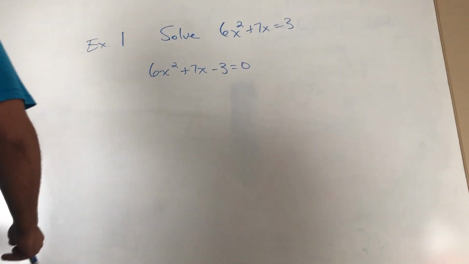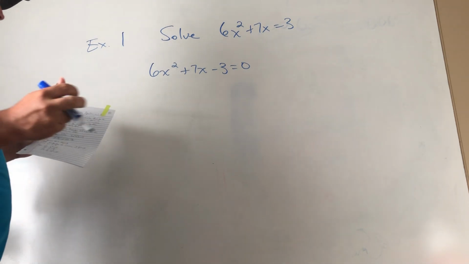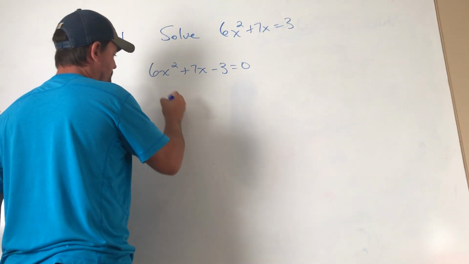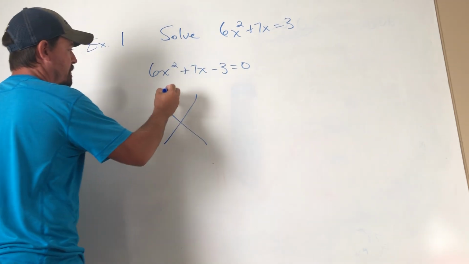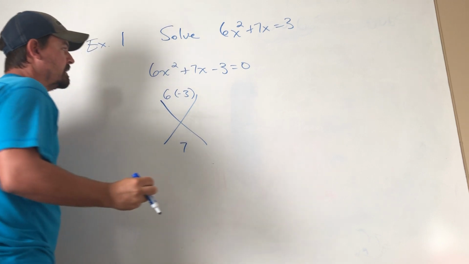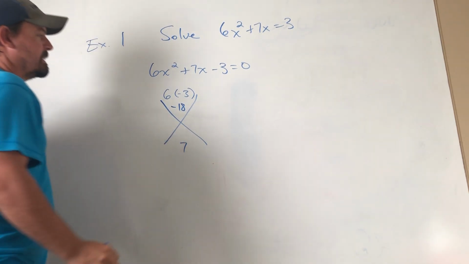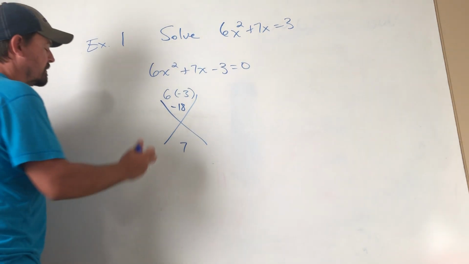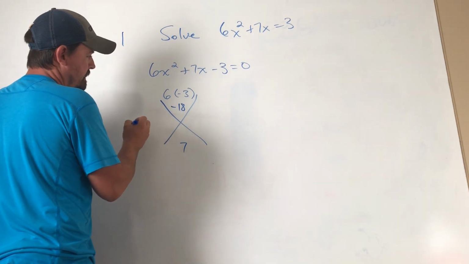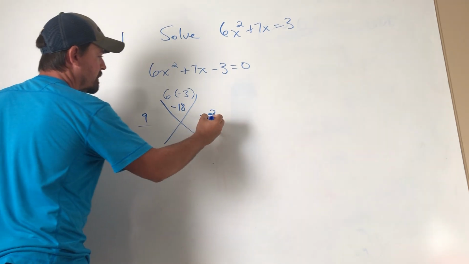Now, when I'm doing that, let's use the x method. We used the x method a good bit in class, where we did 6 times negative 3, and we did a 7 here. 6 times negative 3 is negative 18, so I need something that multiplies to negative 18 and adds to 7. Looks like, how about a 9? So we'll do a positive 9 and a negative 2. Remember, we have to put both of those over a.